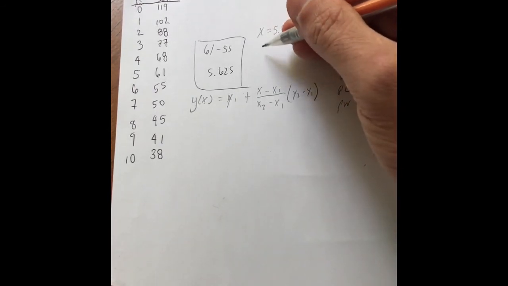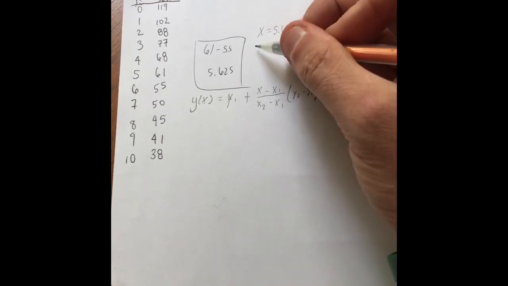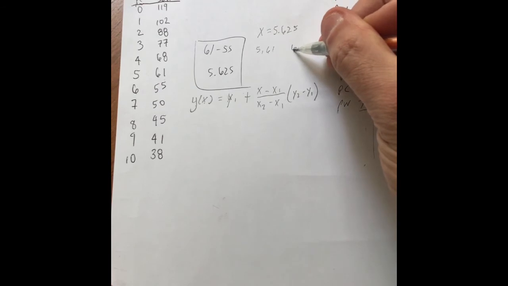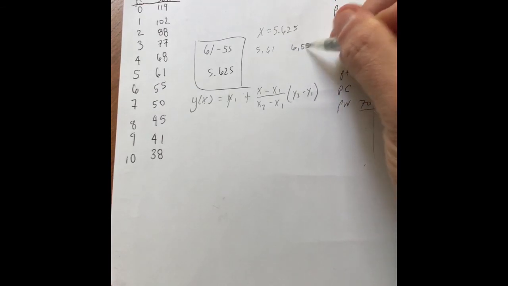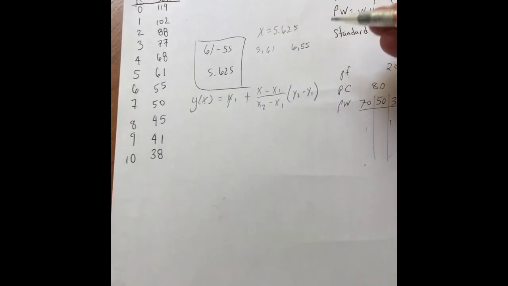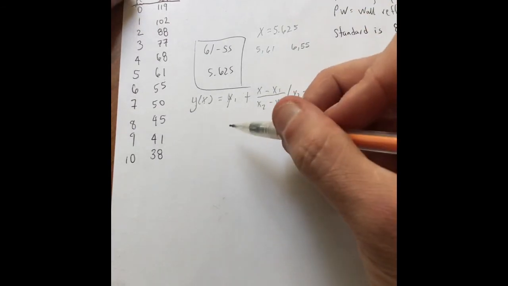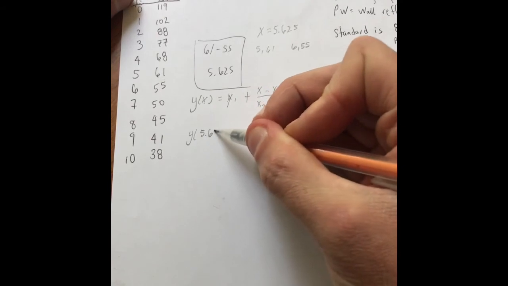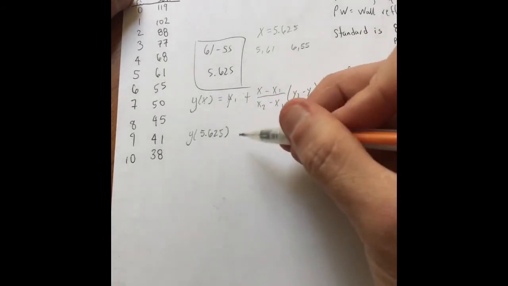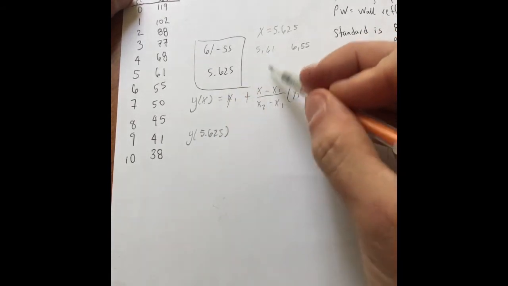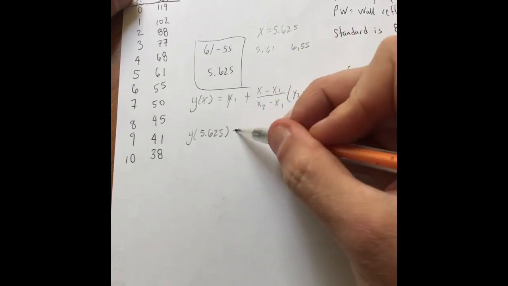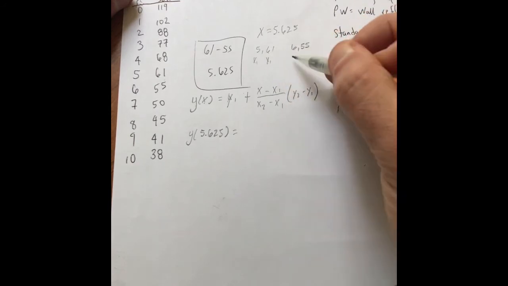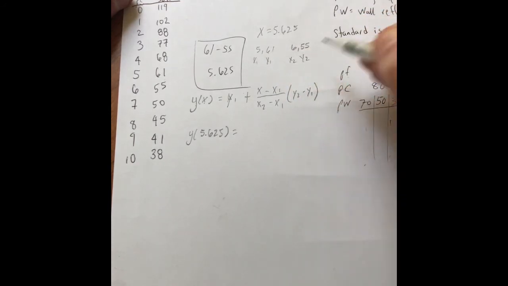Then if we look at the other points, we have 5, 61, and then 6, 55. If you remember from math class a long time ago, or algebra, we're really looking at y of 5.625, which is just a fancy way of saying we're going to put 5.625 in for this x, and this is our x1, y1, x2, y2.